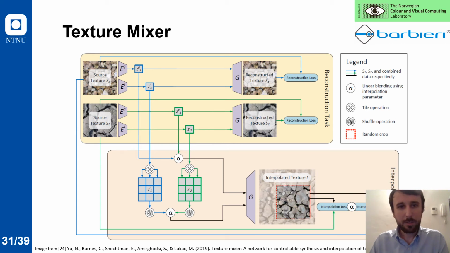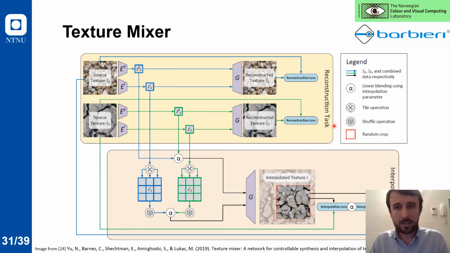Another approach was proposed in 2019 by Yu and colleagues, and they tried to achieve by-example controllability on the interpolation of an arbitrary number of textures. This approach too encodes images in a latent space, as one can see here, using various encoding steps or layers. It's divided in two networks.